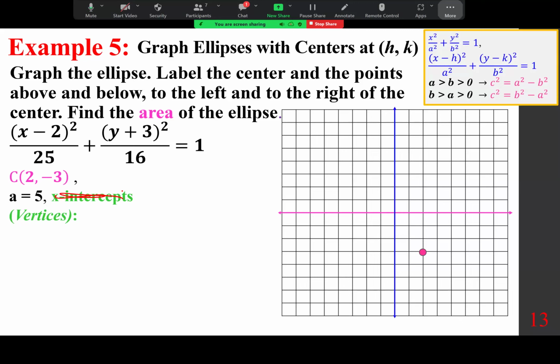So the vertices, we go back to the center and we move it 5 units to the right, which makes it 7, and 5 units to the left, which makes it 2 minus 5, or -3, -3. So add and subtract 5 to the x coordinate.